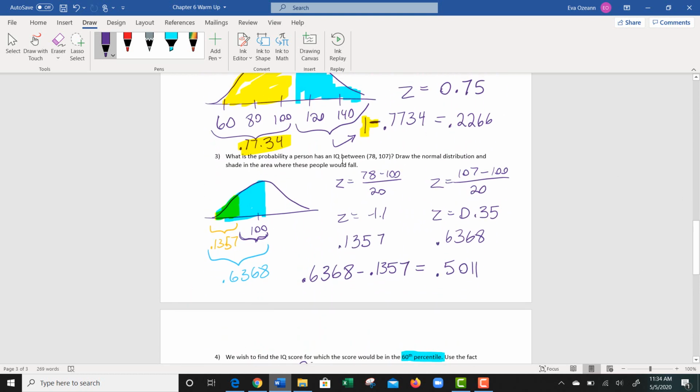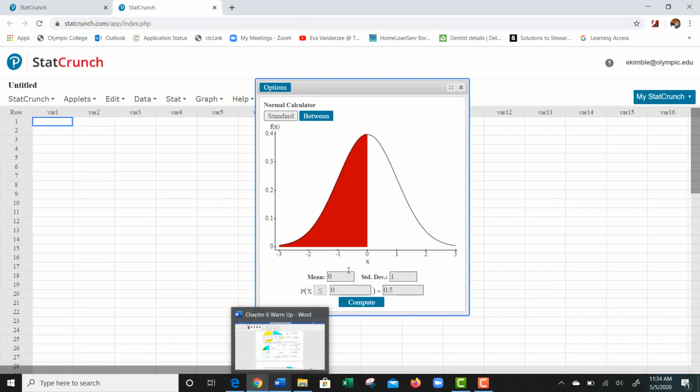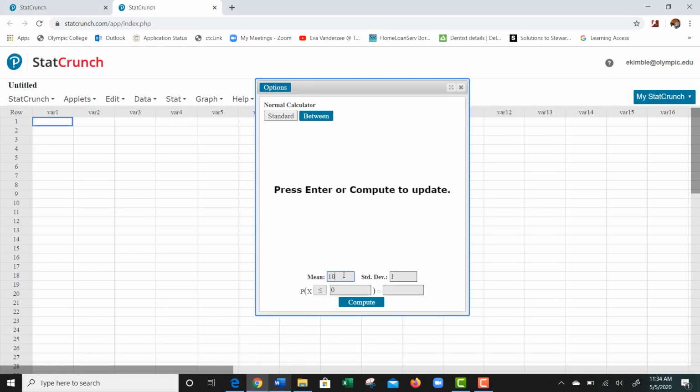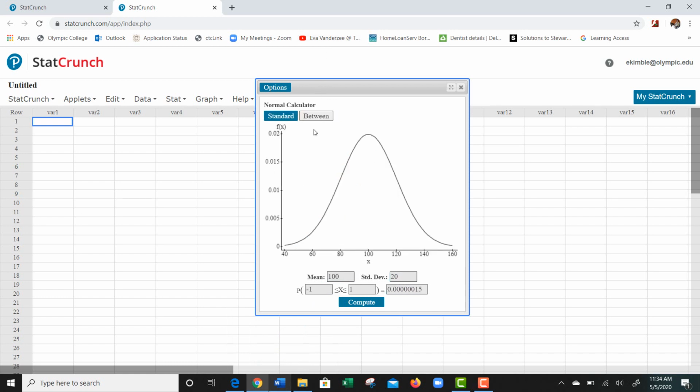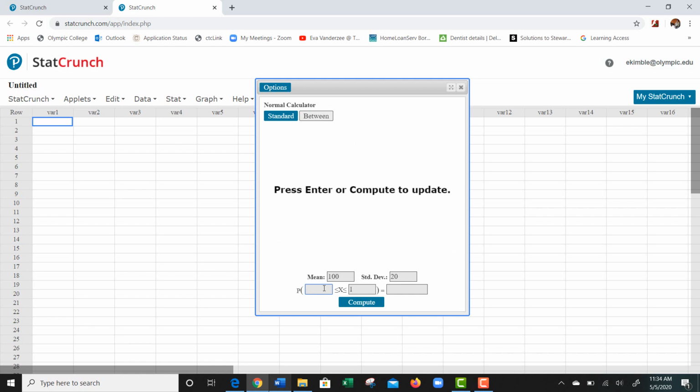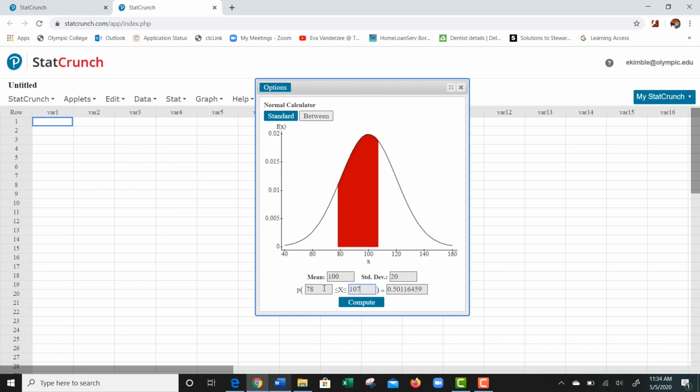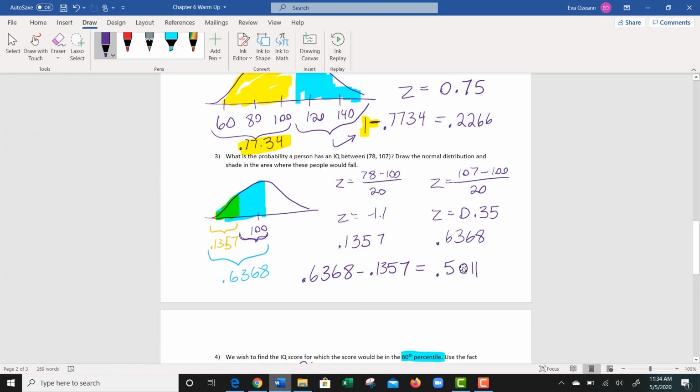What is the probability a person's IQ will fall between 78 and 107? Remember, we have to change the mean, which for our problem was 100. The standard deviation was 20. And we want to do between, so we have to highlight that between up there. We want to see what the probability is between 78 and 107. When we do this, we get 0.5011, which is exactly what we got when we did it by hand.